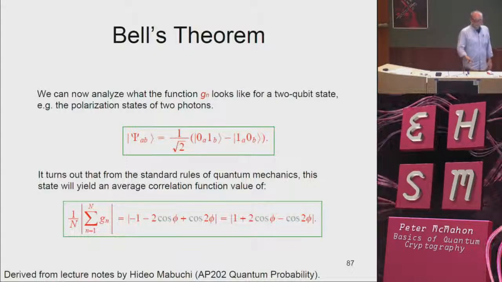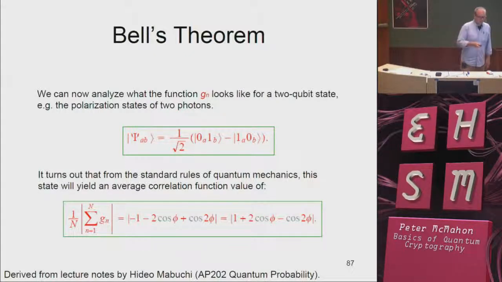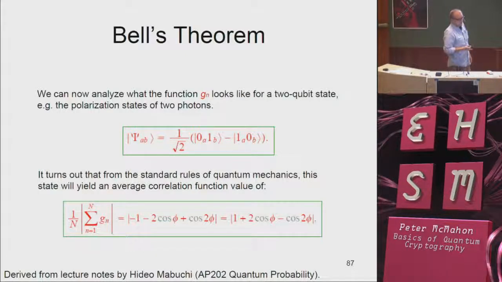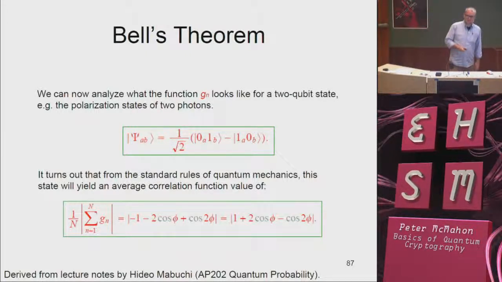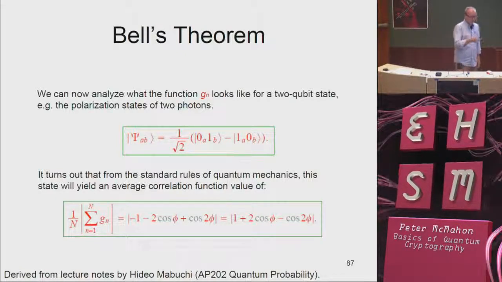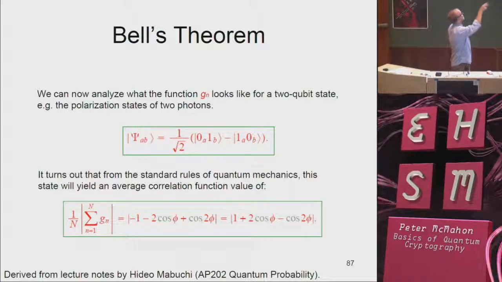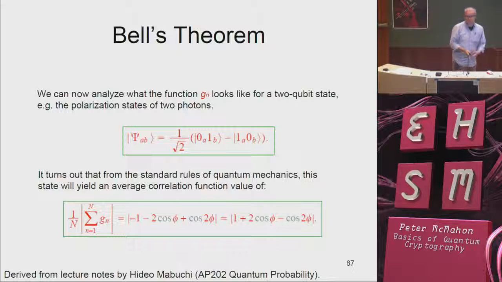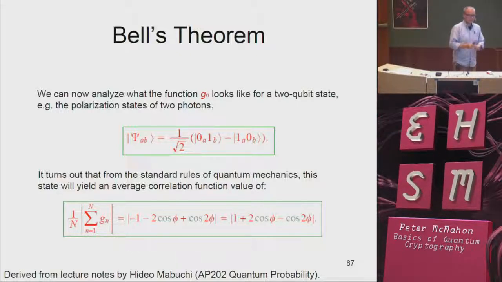It turns out that if you take a quantum mechanical state that looks like this, where if you think about 0 and 1 as being a polarization, with 0 as H and 1 as V, this is like an HV minus VH state, and you ask what this g function looks like if you do this experiment sending this state to Alice and Bob, you end up getting this expression here, where the angle theta refers to the angle of the diagonal basis.